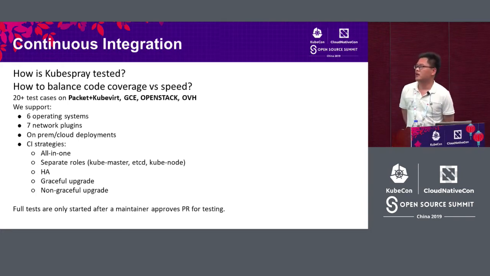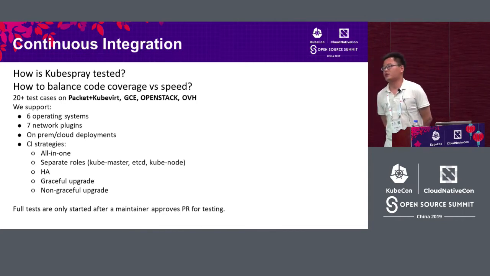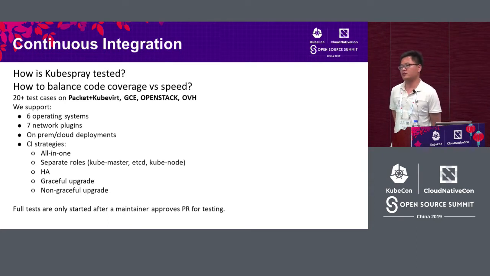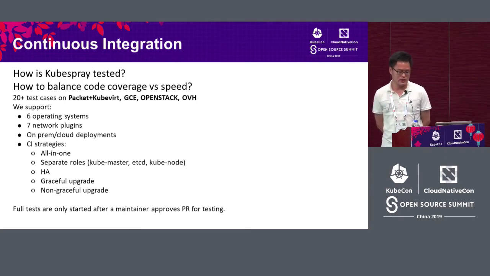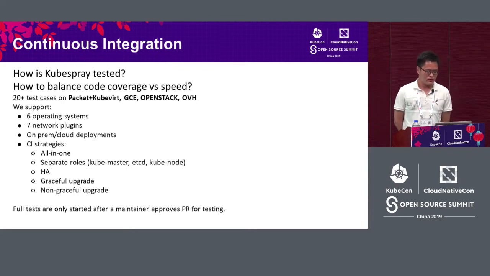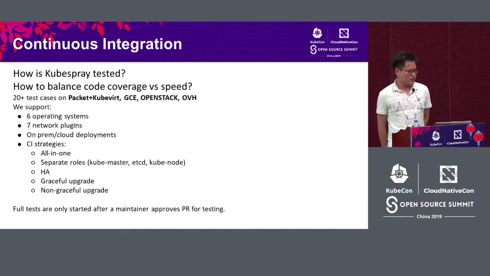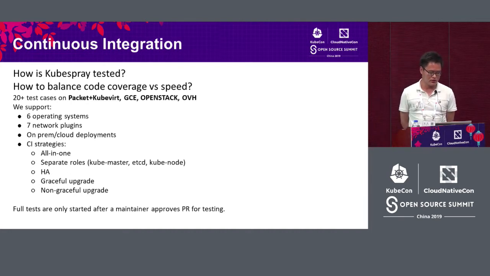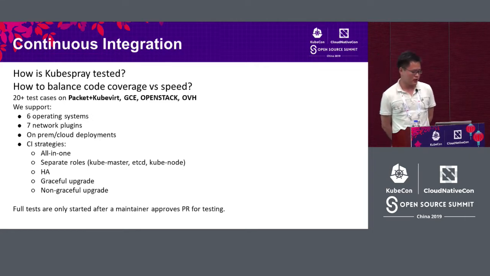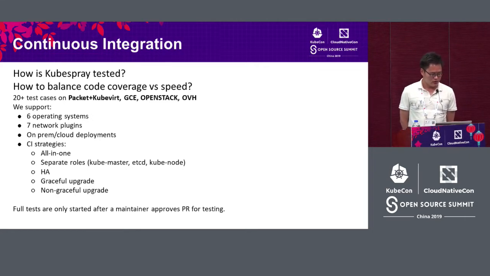Next, let me talk about continuous integration. In the past, we deployed CI on GCE. But now the number of PRs has been increasing. So we have got a donation from CNCF and a French company, and OpenStack.